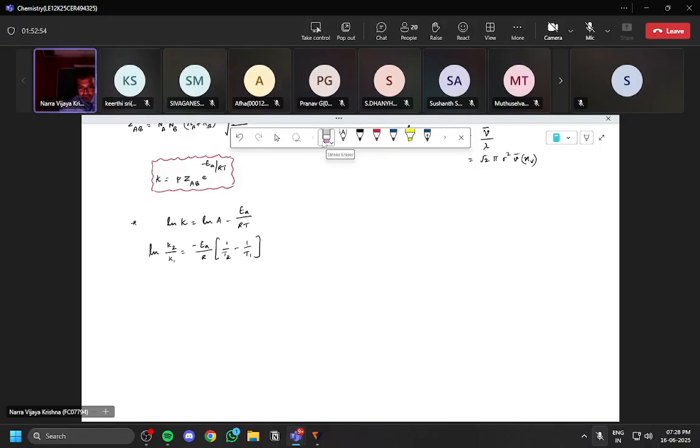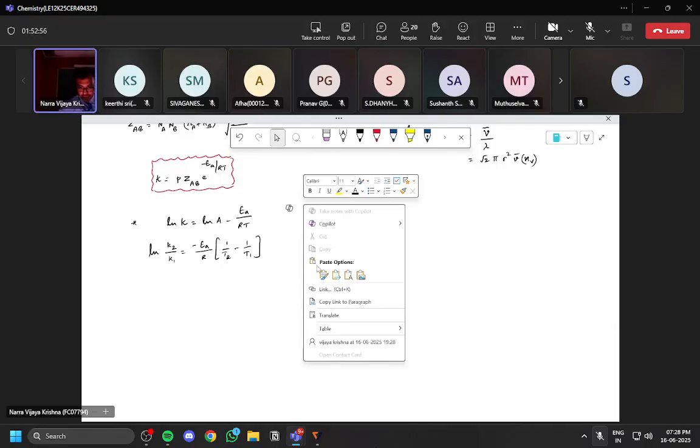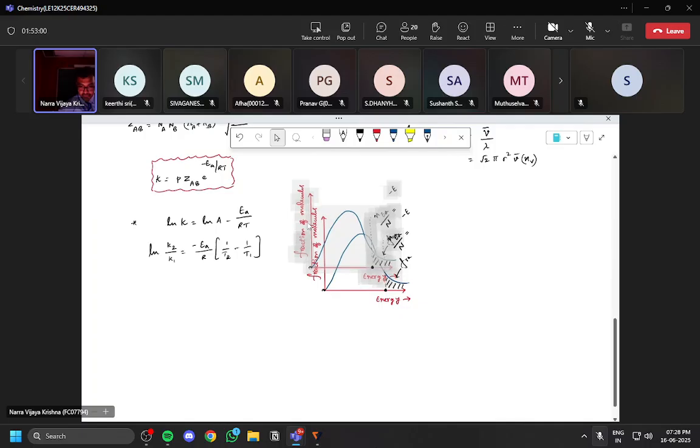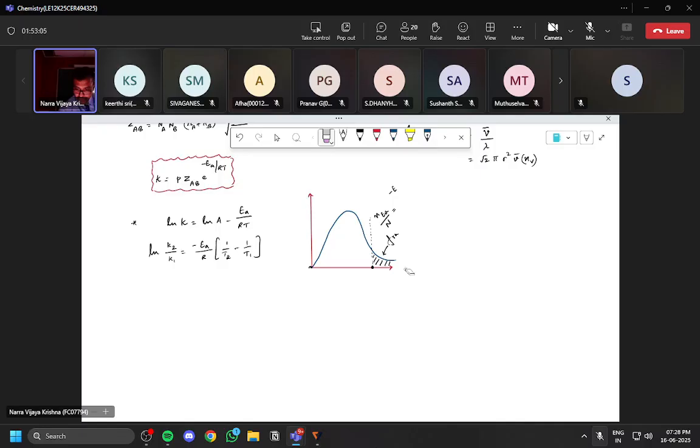If I plot a graph again between ln K versus 1 by T, how is the graph?